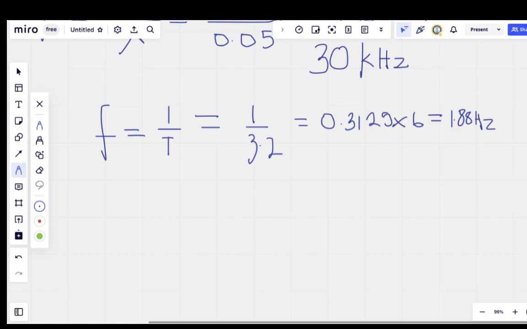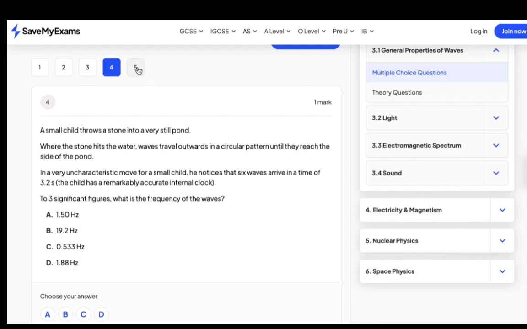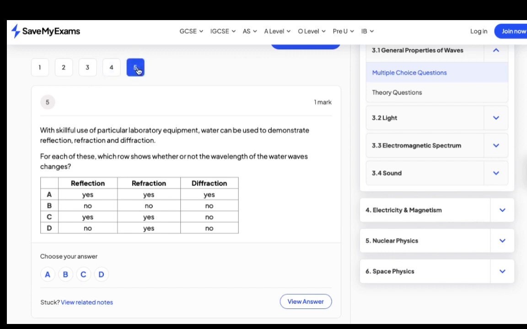Now we move on to the last but not the least for today, which is this one. I leave you to answer this one quickly. With skillful use of particular laboratory equipment, water can be used to demonstrate reflection, refraction, and diffraction. For each of these, which row shows whether or not the wavelength of the water waves changes? In reflection, does the wavelength change?